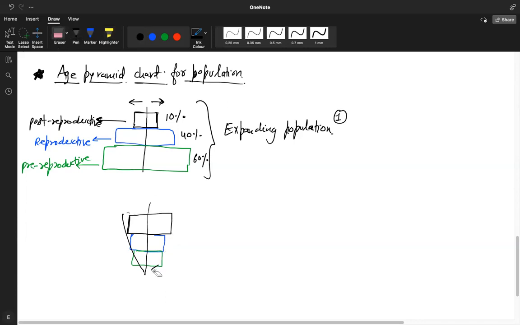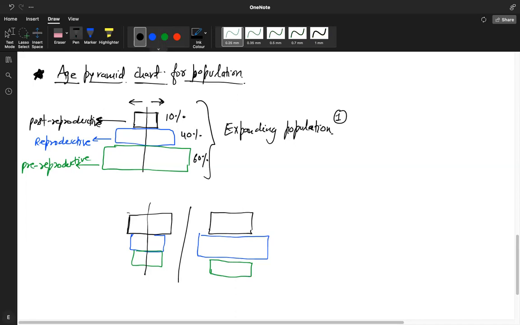But it does not have to be larger only to say that it is a declining population. Even if you find that the post-reproductive is, let's say, less and the reproductive is more, but if your pre-reproductive is also less, then you know that over time it is going to be a declining population, correct?